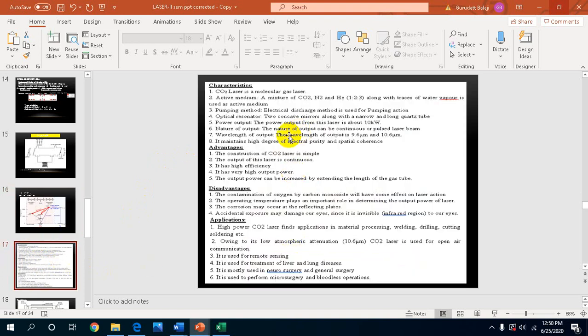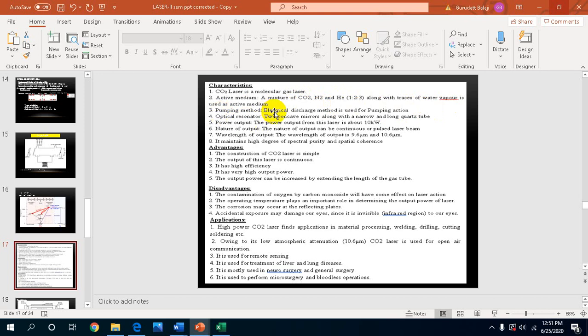Now we have given you the list of the characteristics as well as advantages, disadvantages and applications of the CO2 lasers. From this entire discussion we can make out that it is a continuous molecular gas laser. The active medium is CO2, N2 and helium gases along with some traces of water vapor.